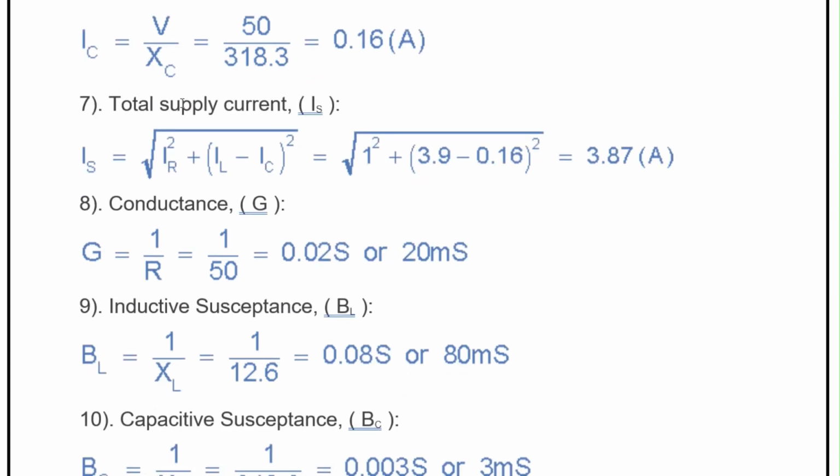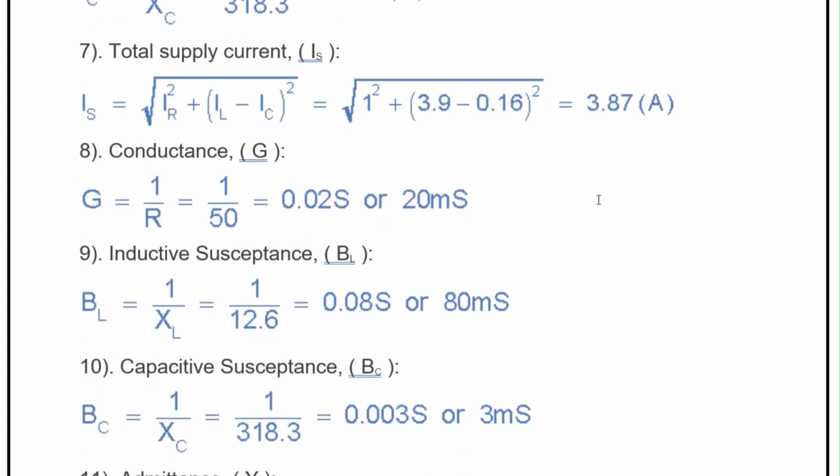If you want to calculate the total current, use this formula: Is is equal to the square root of IR square plus (IL minus IC) to the whole square. So 1 square plus (3.9 minus 0.16) to the whole square, and after calculation you get Is equal to 3.87 ampere.